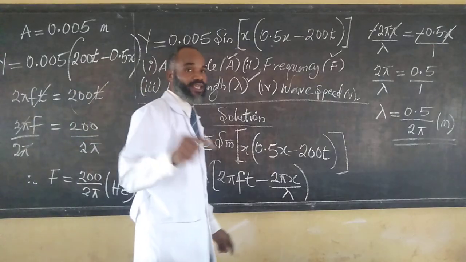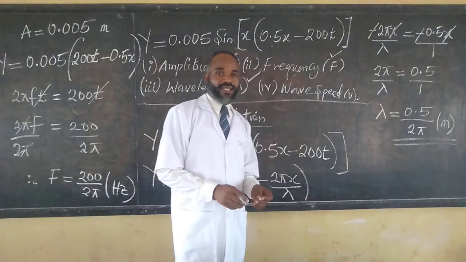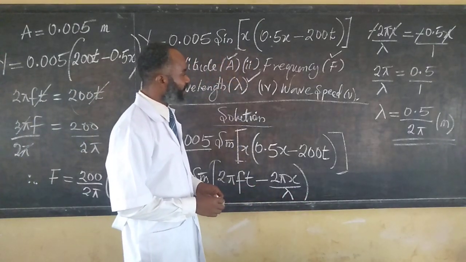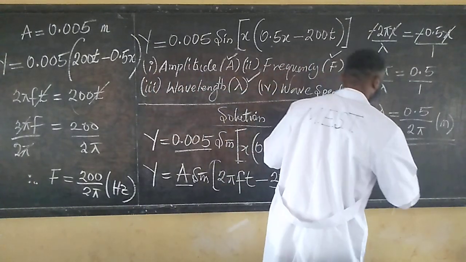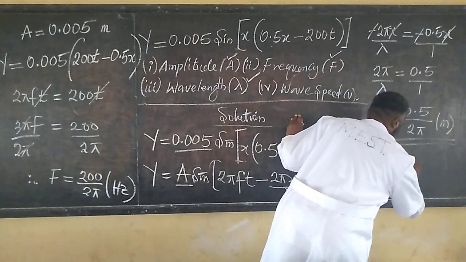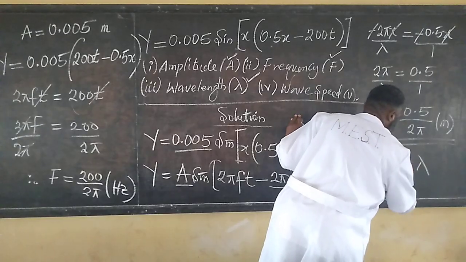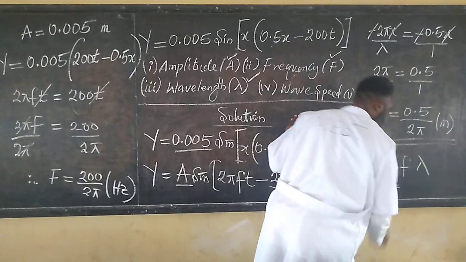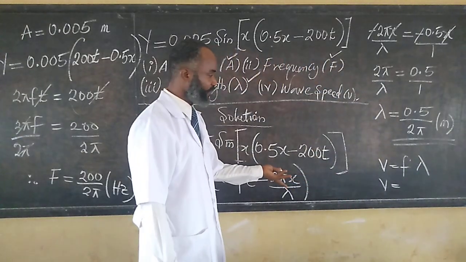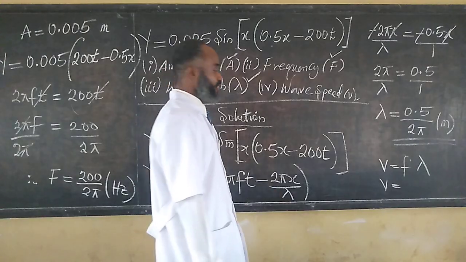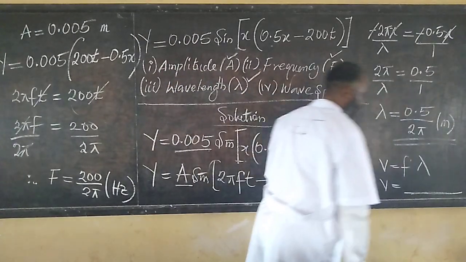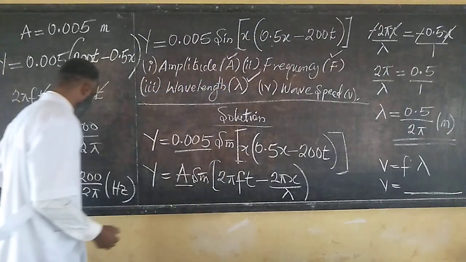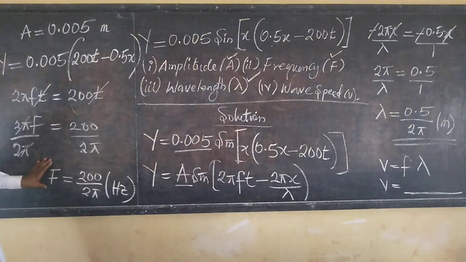And another thing is wave speed. We can now have wave speed, which is v is equal to f times wavelength. So how do we find this? You can do this. Just what you need to do here, let me guide you. We already have the value of frequency.